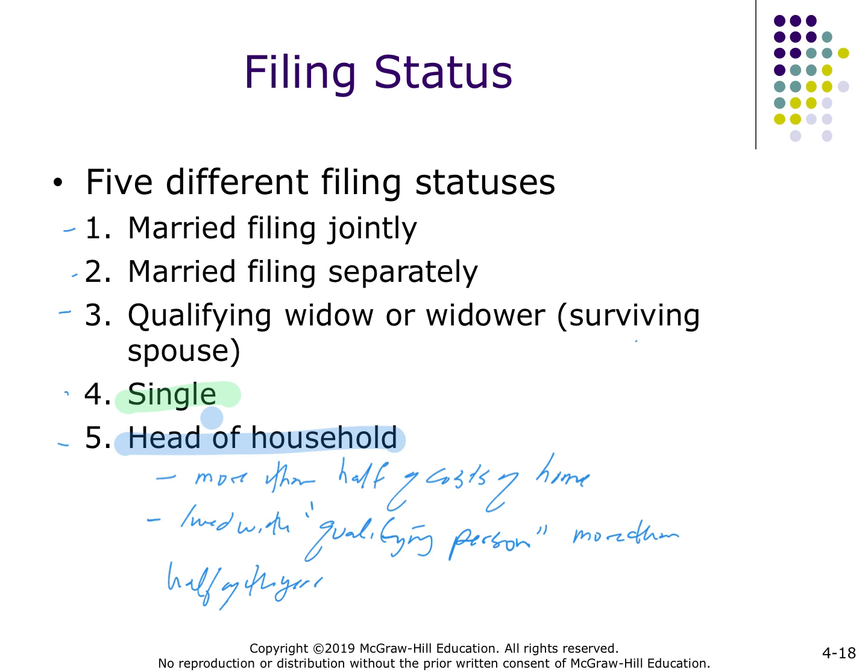Okay, so that's single and head of household. All right. Let's talk about married filing jointly. Okay. So to be married filing jointly, you must be married as of the last day of the year.